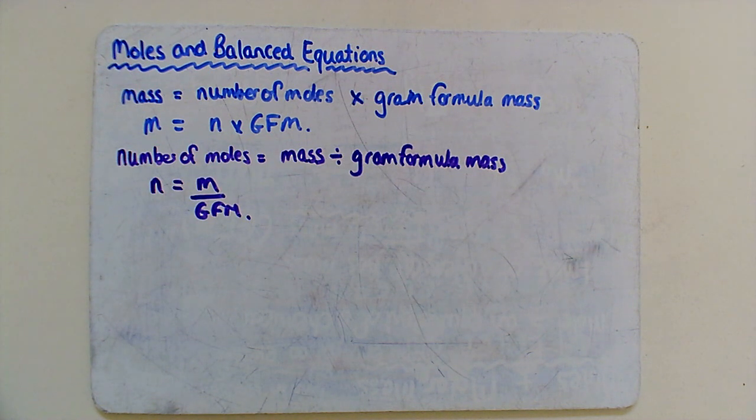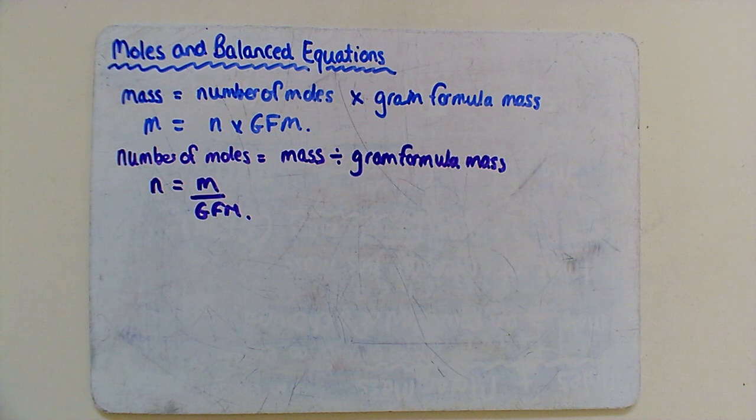And more importantly, you need to be able to predict how many equivalents or how much mass of product you're going to get. And to do that, we use these equations, but we also look at the chemical equation.